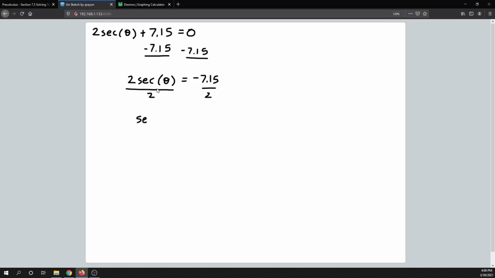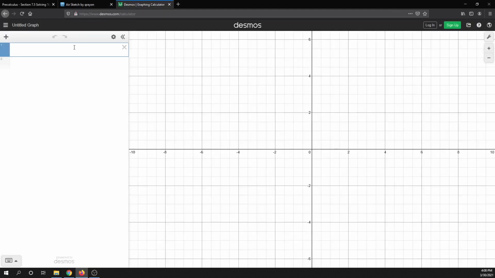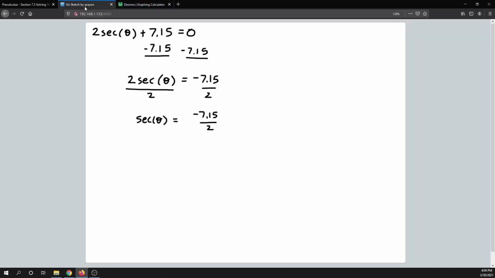And so we wind up with secant theta equals negative 7.15 divided by 2. Okay, so negative 7.15 divided by 2 comes out to be negative 3.575.